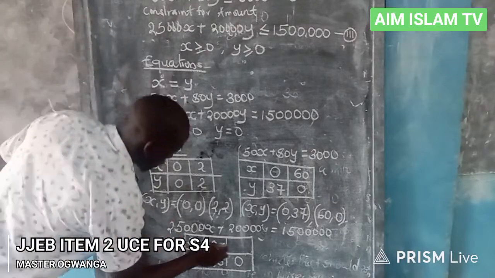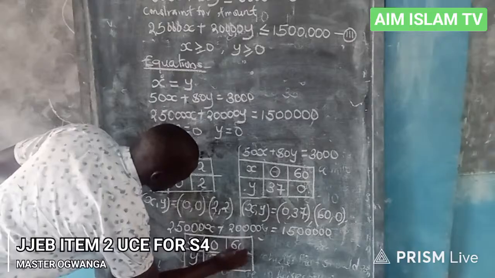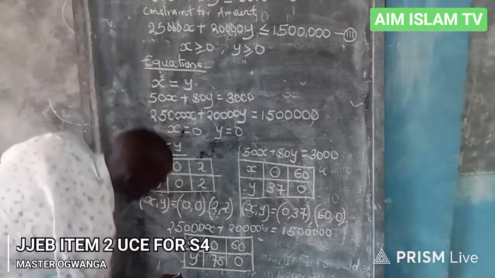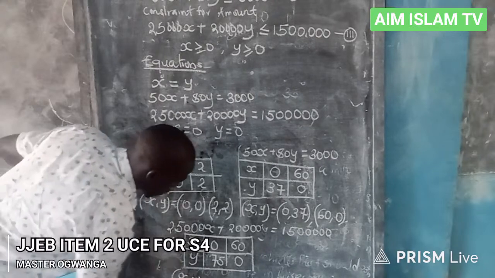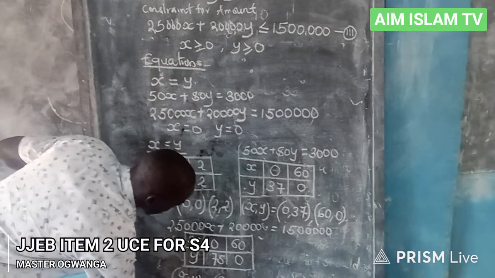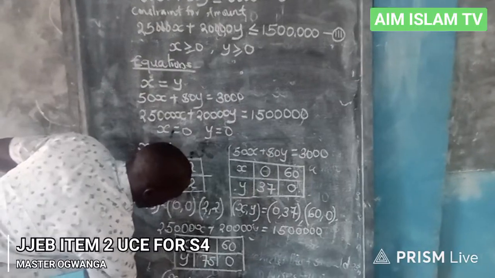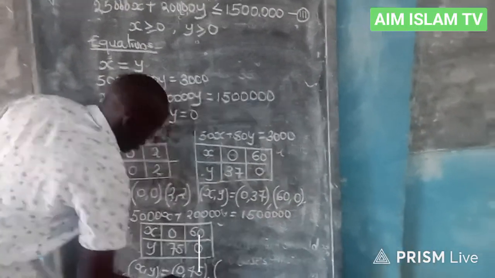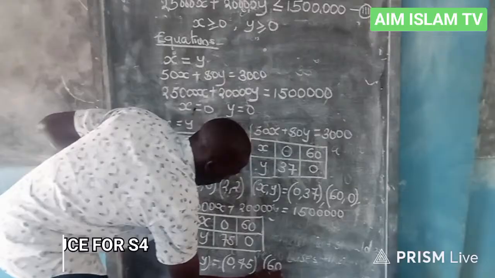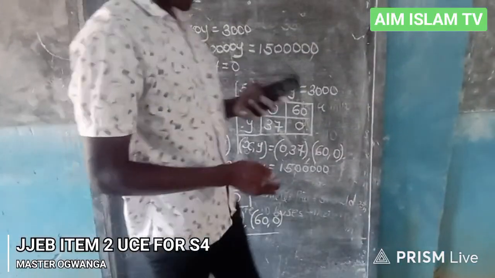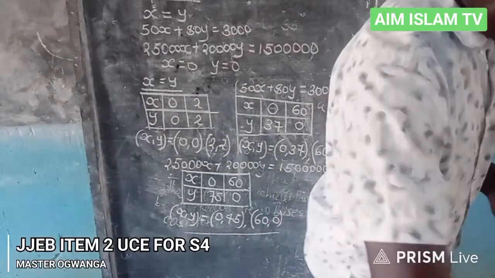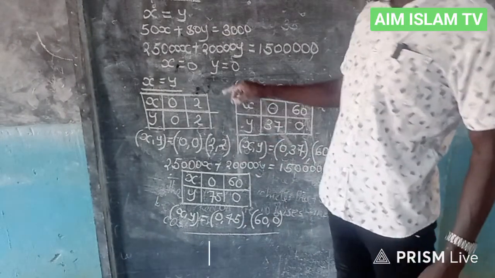We'll have our x as 60. So our coordinates there, we'll collect them as the first one being 0 and 75 for x and y, and then 60 and 0. Those are the constraints you're going to use.